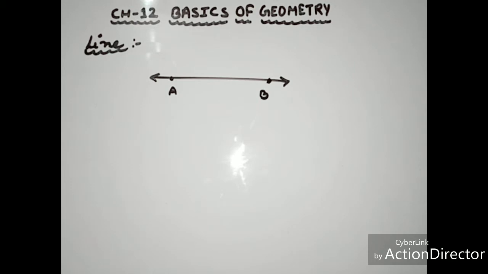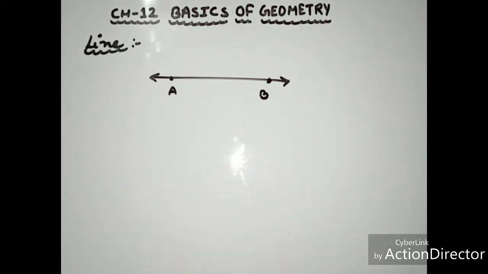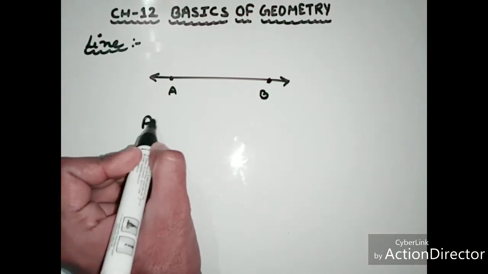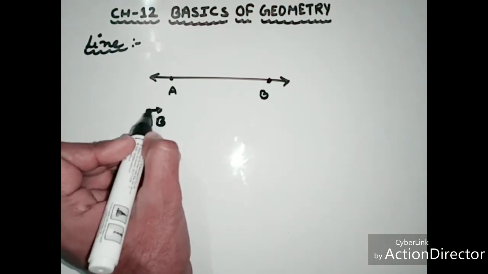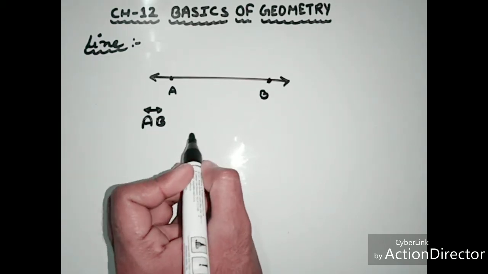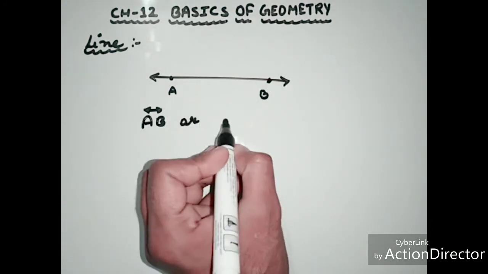A line is named by using any 2 points on the line, like A and B. So the line given alongside is named line AB, and this is the symbol of a line, or line BA.